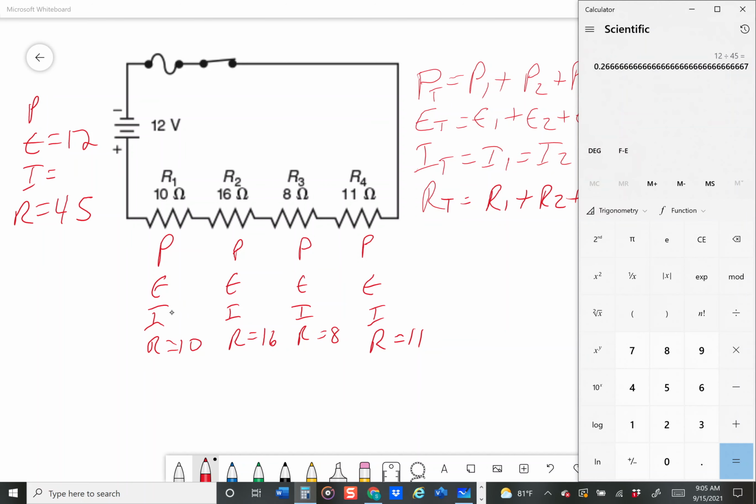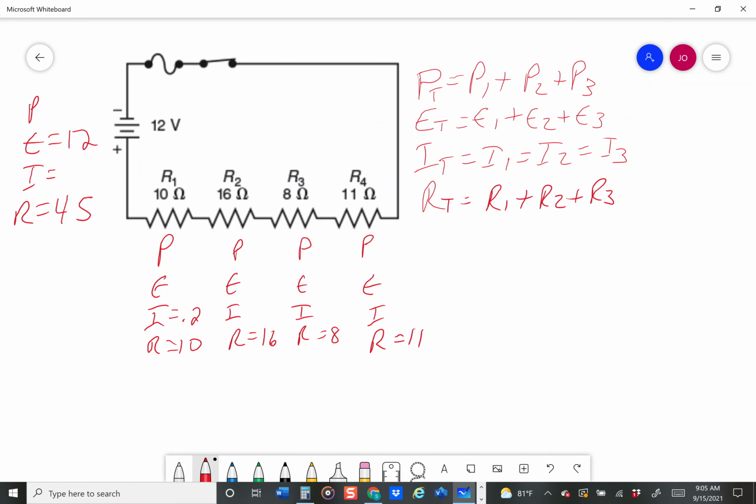We're going to call that 0.267 amps. This one's pretty simple. E equals I times R, or we multiply up with PIER. So 10 times 0.267 is 2.67 volts.